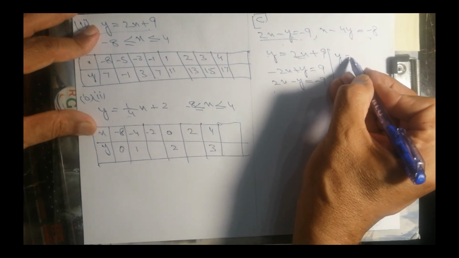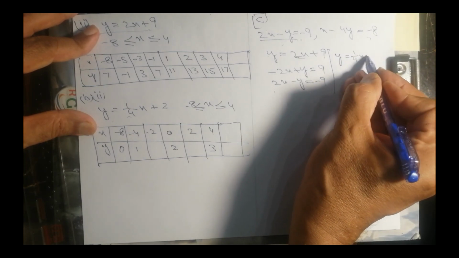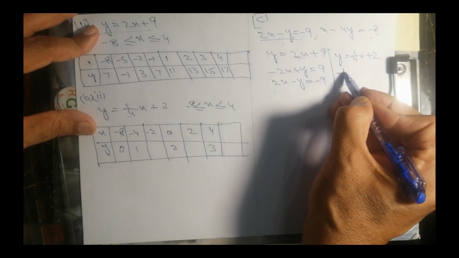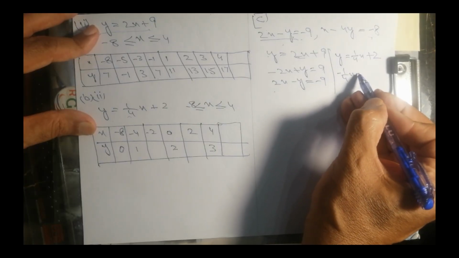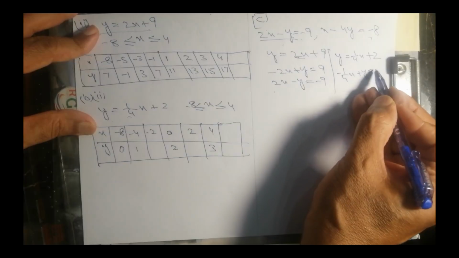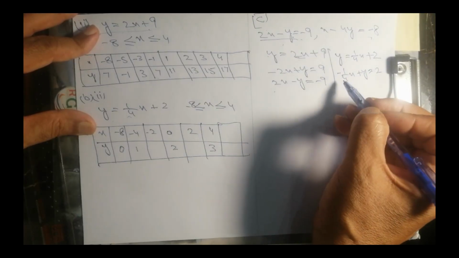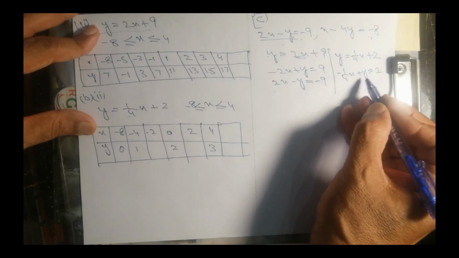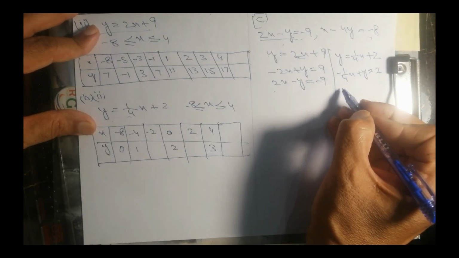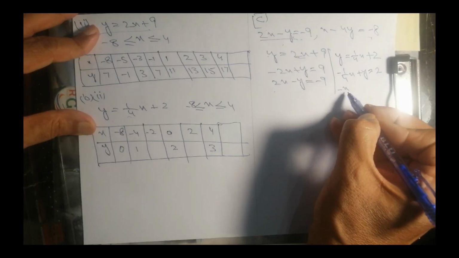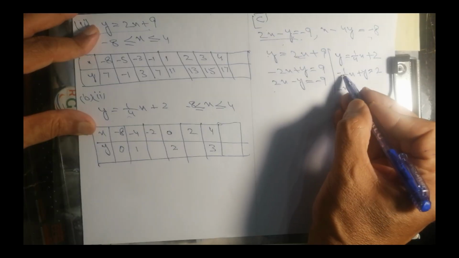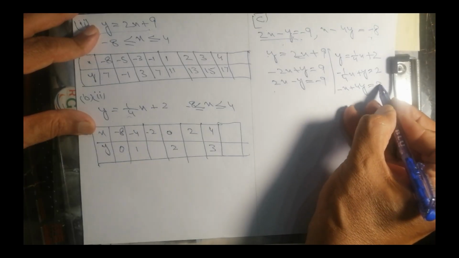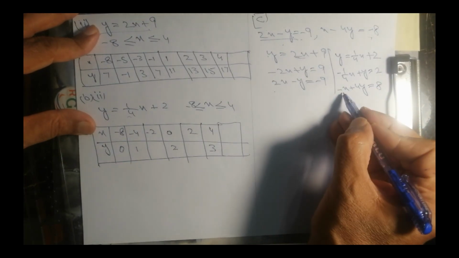For example, y equal to 1 by 4x plus 2, so minus 1 by 4x plus y equal to 2. So I shifted 1 by 4x towards the left side, and now multiply the whole equation by 4. So this will be minus x, 4 will be cancelled, minus 1x plus 4y equal to 8, and multiply both sides by minus.